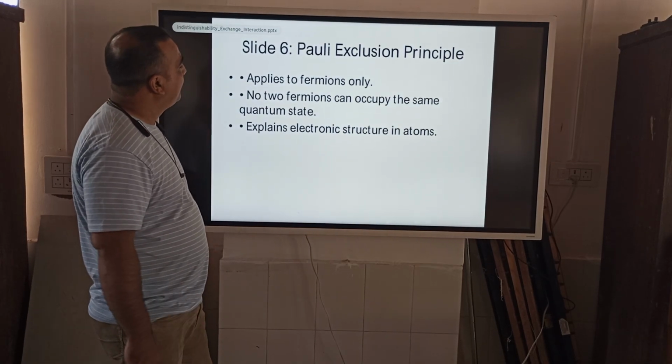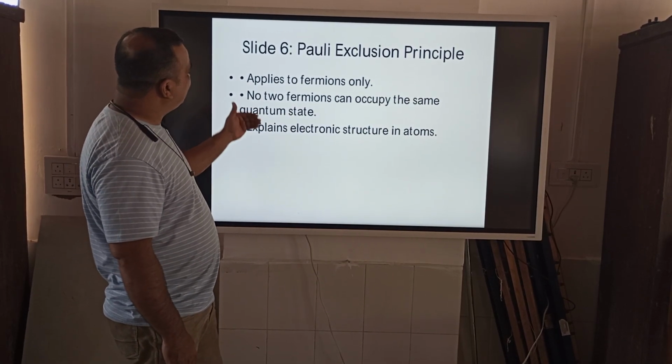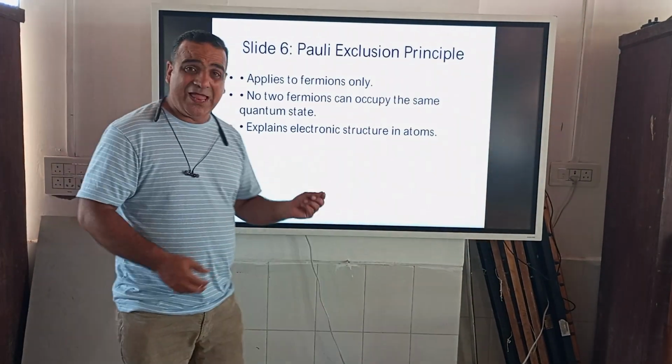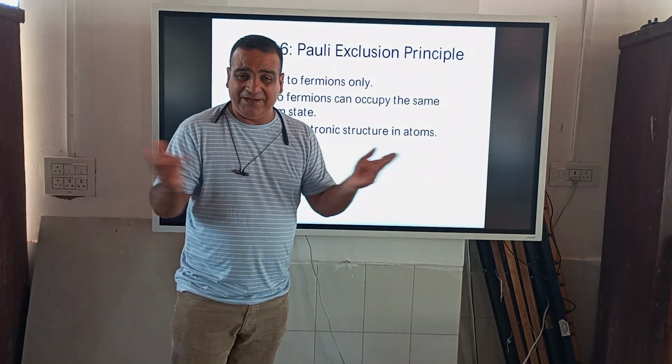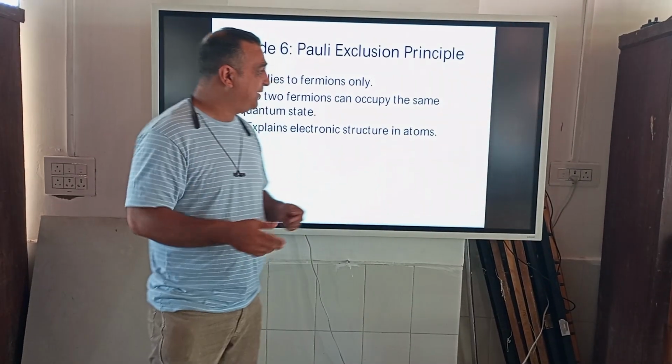So certainly Pauli's exclusion principle applies to fermions only. It does not apply to bosons, where on exchanging these identical particles, the sign of the wave function does not change.